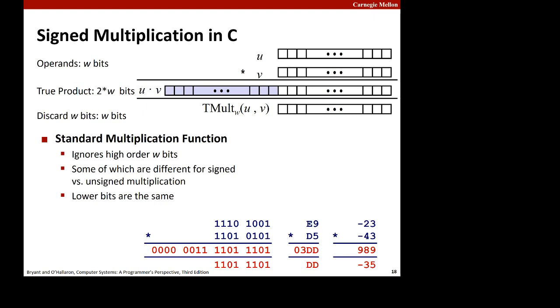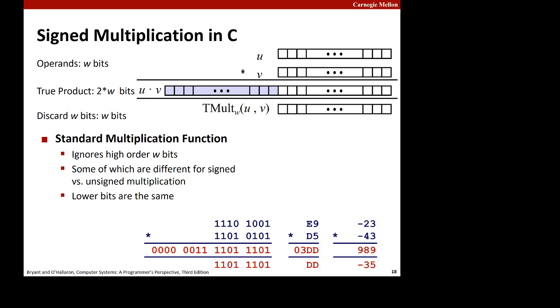And this is actually an important rule: the lower part of the product, which is typically the only part that you keep, is the same whether it's a 2's complement multiplication or an unsigned multiplication.